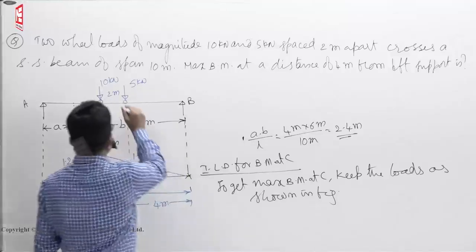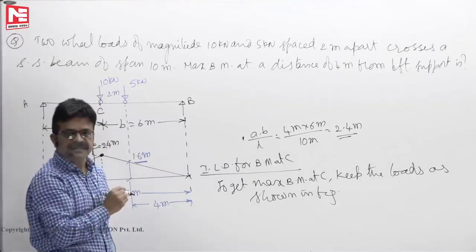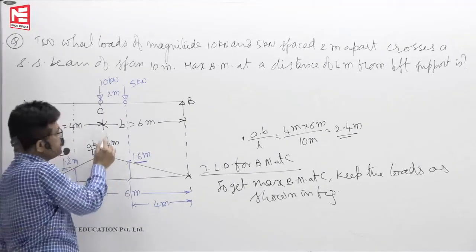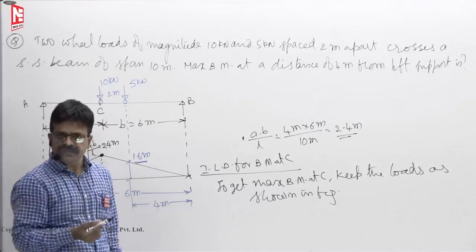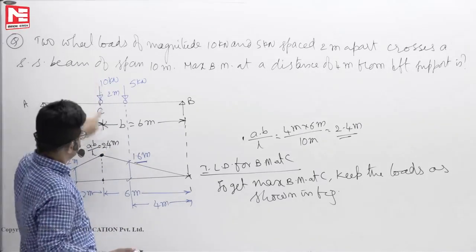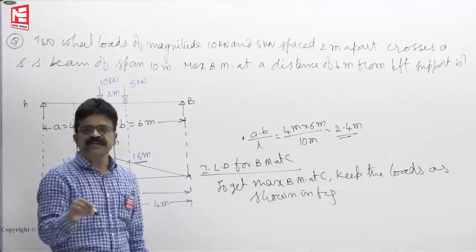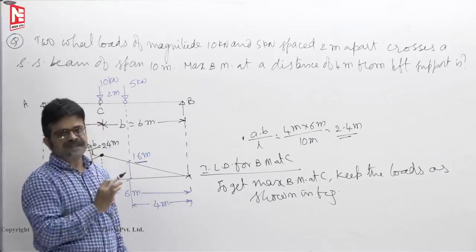Then influence of 10 kilonewton on bending moment at C is 2.4 meters. Influences are in meters. So load into influence, you will get bending moment at C. We know bending moment units are kilonewton meter. So if this is kilonewtons, this must be meters. It's not drawn to scale, it is only influence ordinate. That ordinate if you multiply, you will get the bending moment.